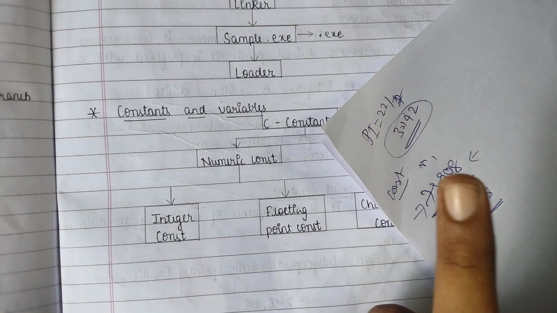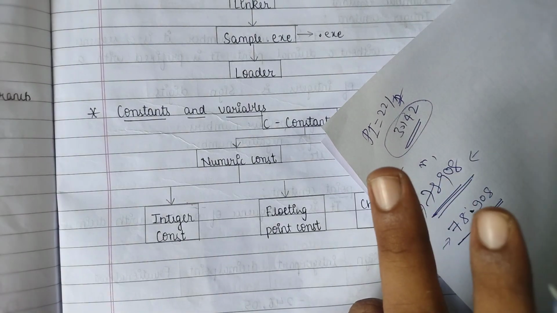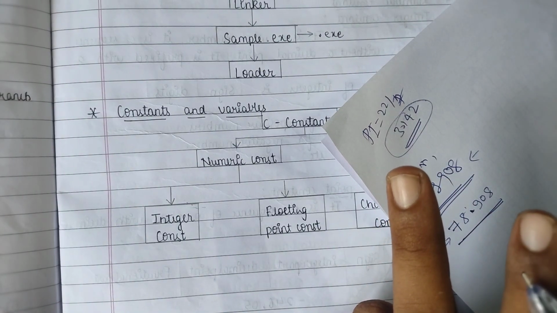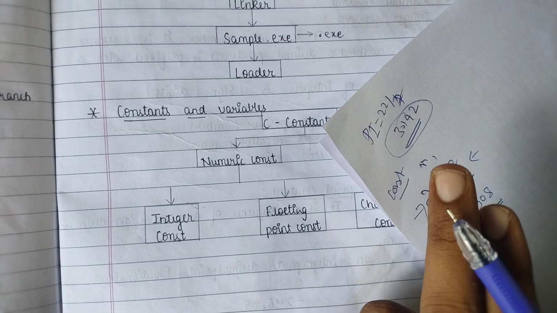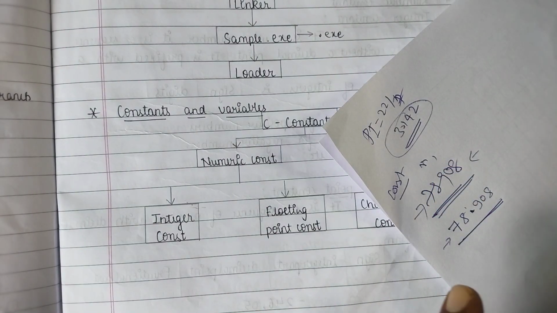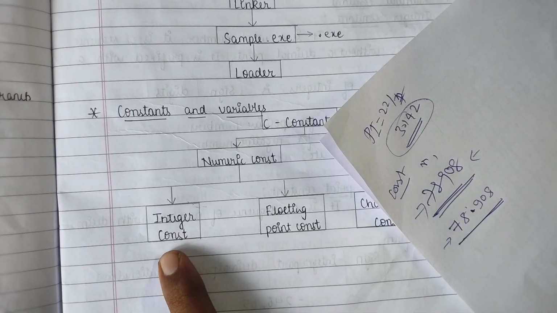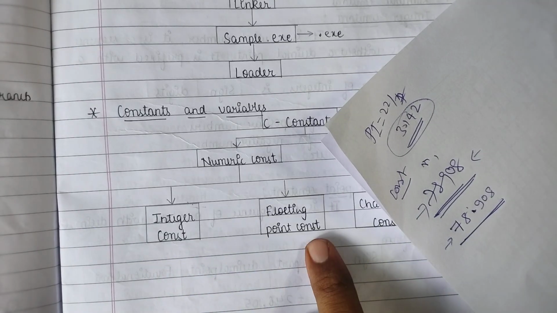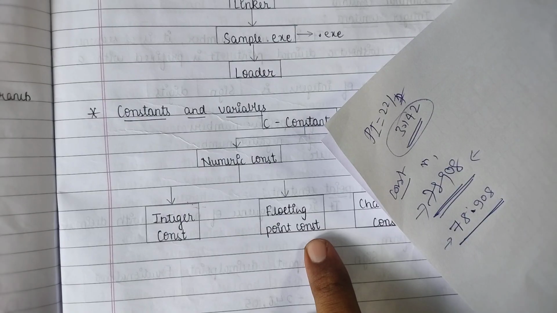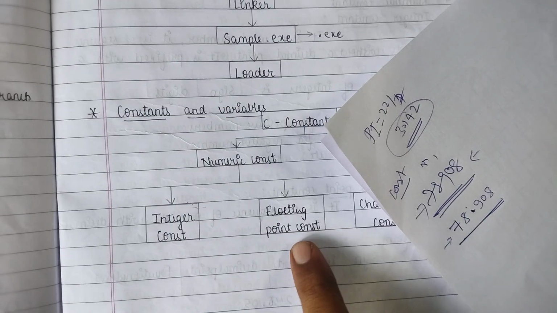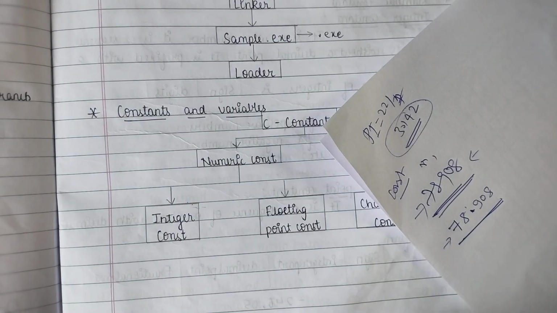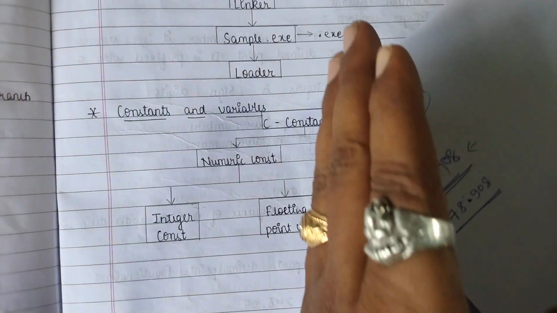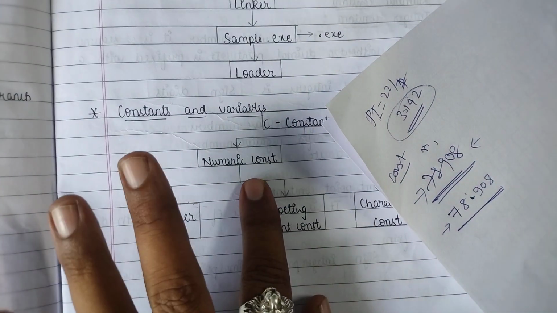One is integer constant, another one is floating point. An integer constant contains a sequence of digits without a decimal point. A constant which contains a series of digits or numbers with a decimal point is called a floating point constant. Now we have completed half of this, the numeric constant is completed.